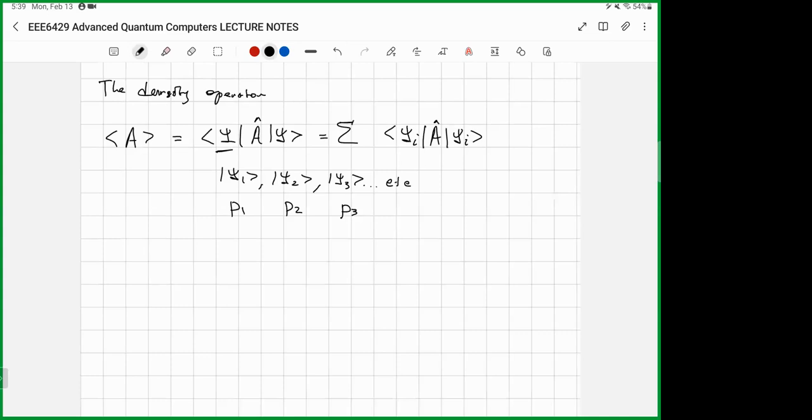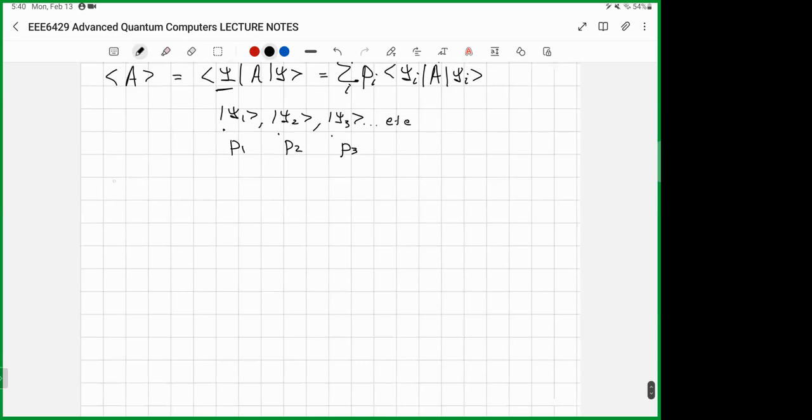The matrix elements for each of these pure states in our ensemble, and of course multiplied by the probability of finding each state, state I, right? So let me write this down here. So this is a sum over I, p_i, and then psi I, operator A, psi I. Yeah, the sum like this.